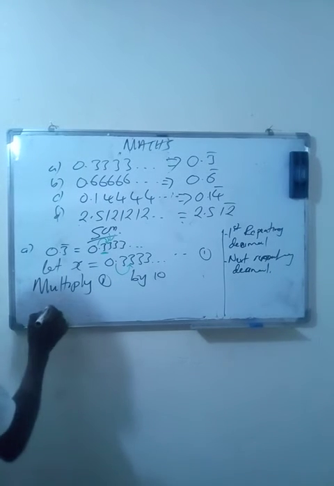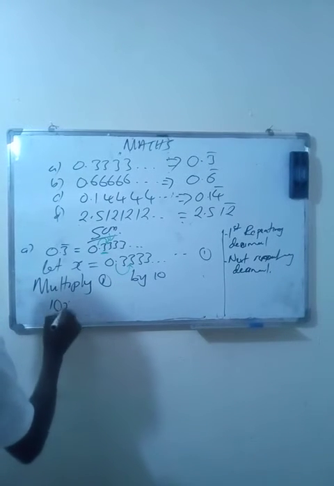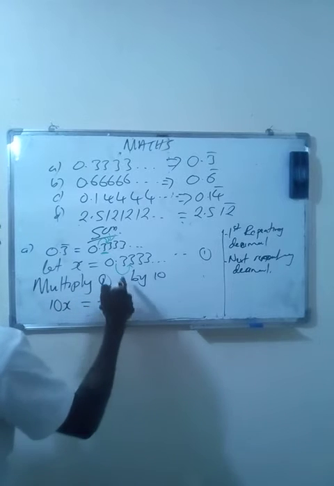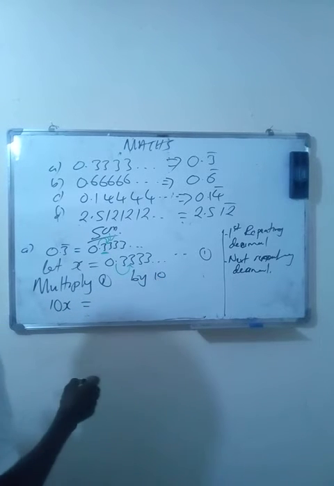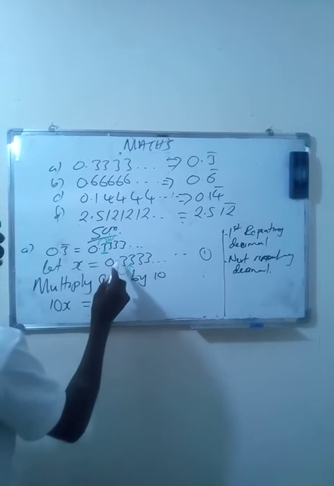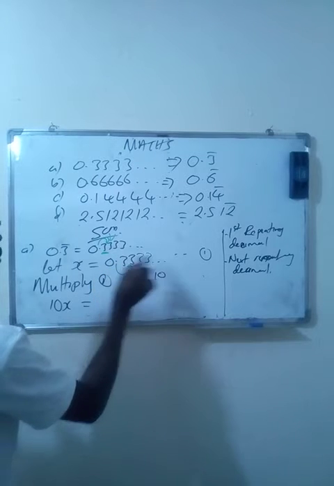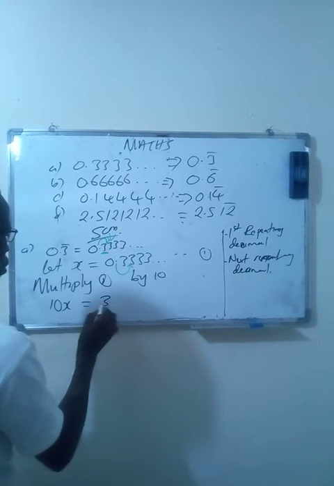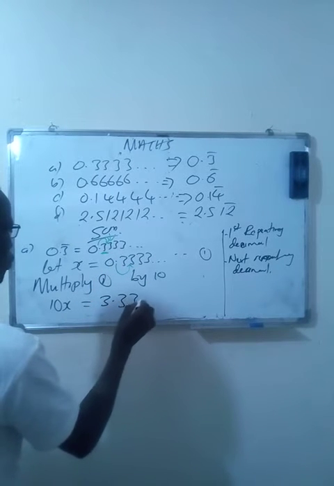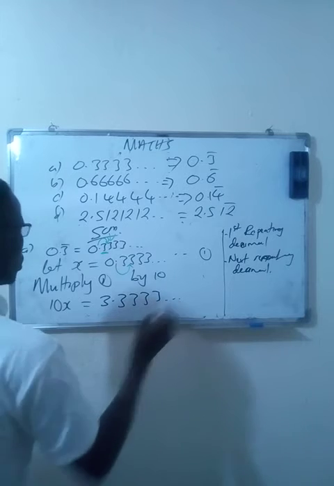If we multiply equation 1 by 10, on the left hand side we have 10x is equal to, and since we're multiplying by 10, the decimal point moves once to the right, so we have 3.3333 and so on, right?